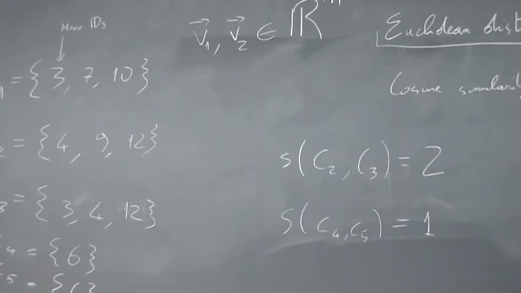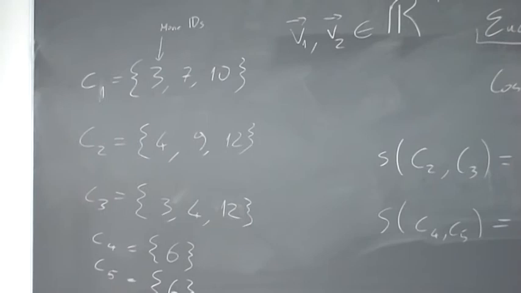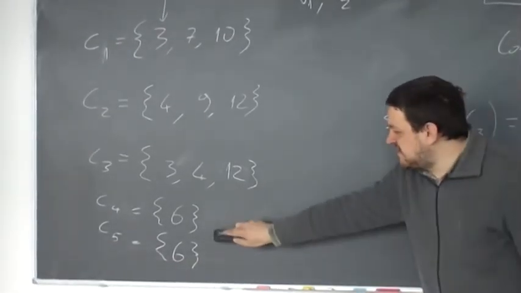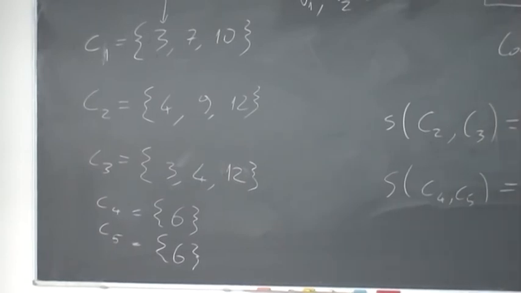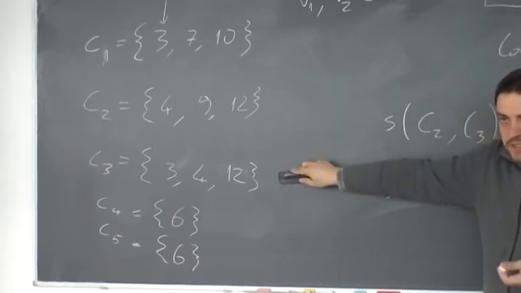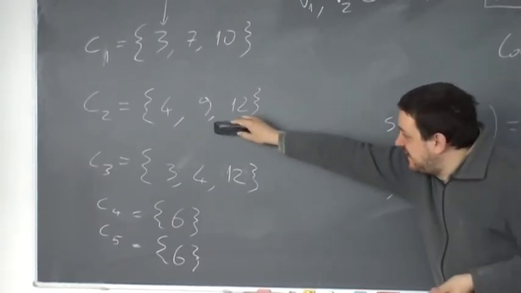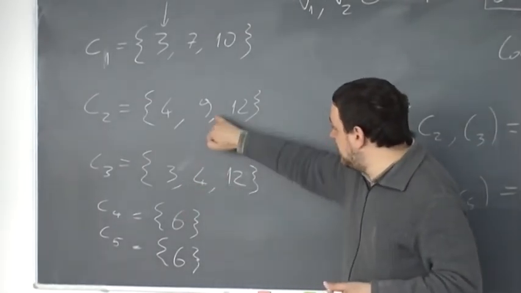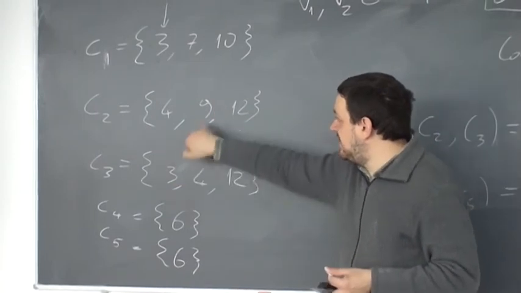Well, actually, if we look at those purchasing histories, you see, C4 and C5 are identical. So their similarity should be the maximum. While C2 and C3, okay, they have two common items, but they also bought some different items, for example, item 3 and item 9.